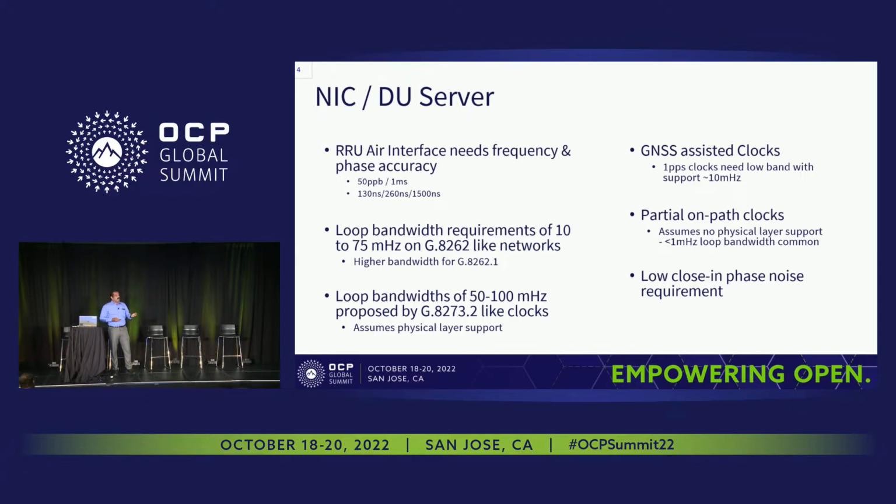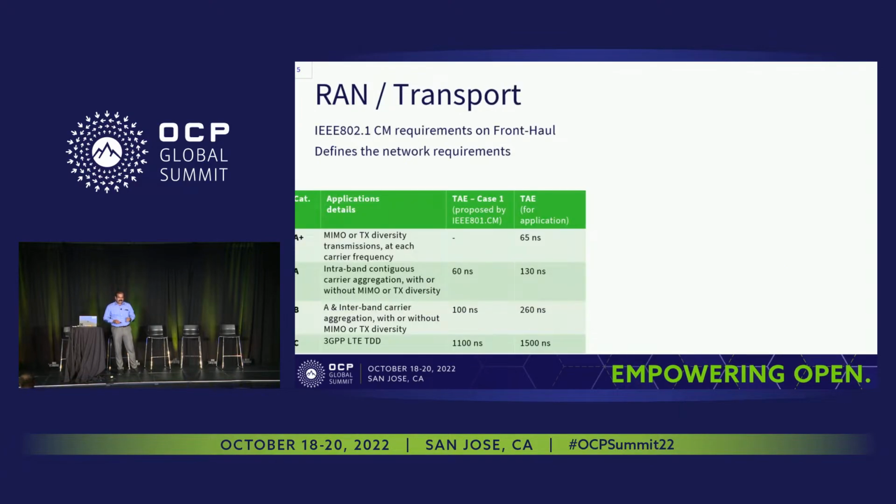There may also be phase noise requirements or jitter requirements, depending on the kind of interfaces and the services that we use. So if you look at the specific numbers to address, probably we can look at it from two perspectives. One is the network requirement.